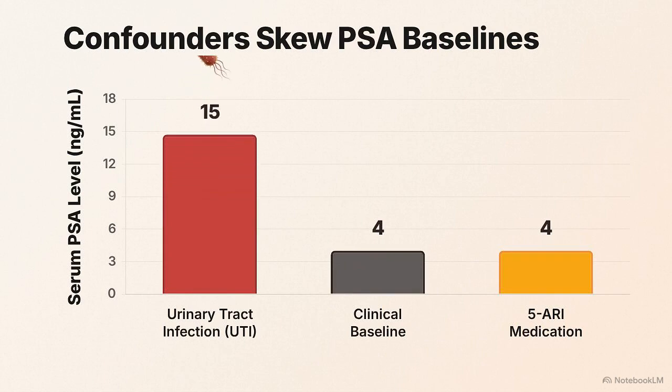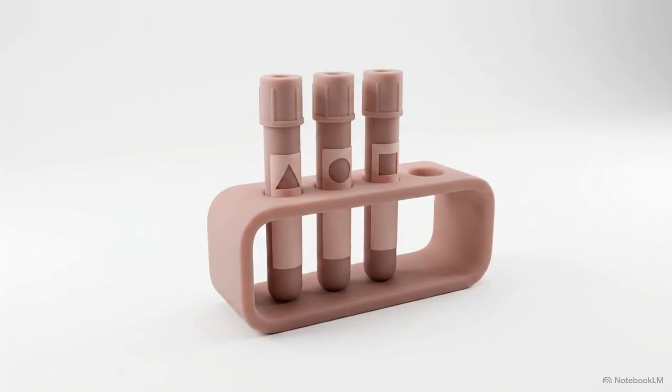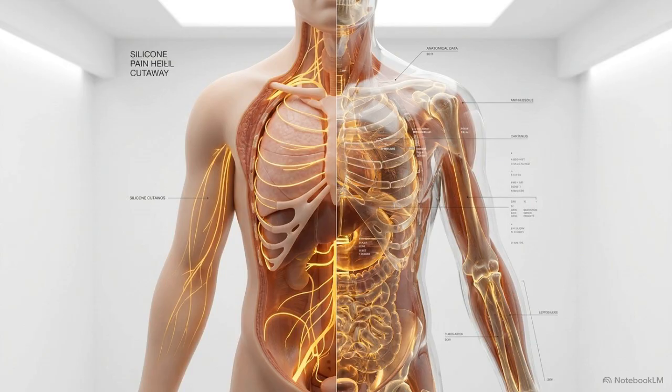Prostate-specific antigen levels can be spiked by a simple urinary tract infection or artificially suppressed by 5-alpha reductase inhibitors. For evaluating testicular cancer, the reliable serum tumor markers required are alpha-fetoprotein, beta-HCG, and lactate dehydrogenase. Pairing the correct clinical pattern with its exact advanced diagnostic counterpart is the hallmark of clinical urology.